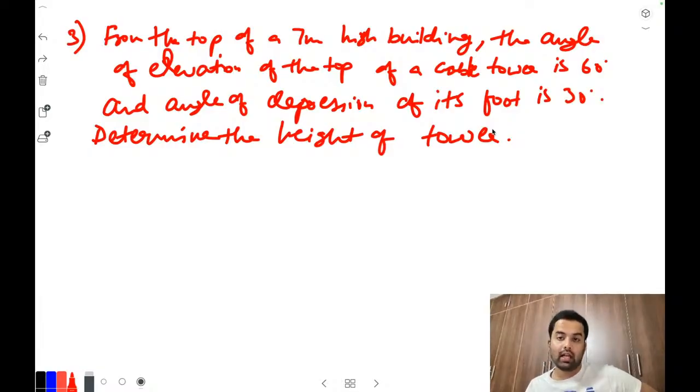The question is asking about the height of tower. Read the question properly and then figure out the diagram. After figuring out the diagram, you will be able to get the answer because the concept is the same, no change.